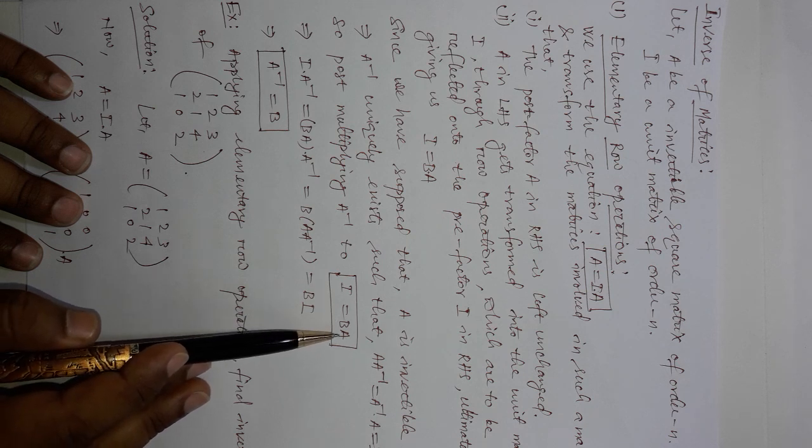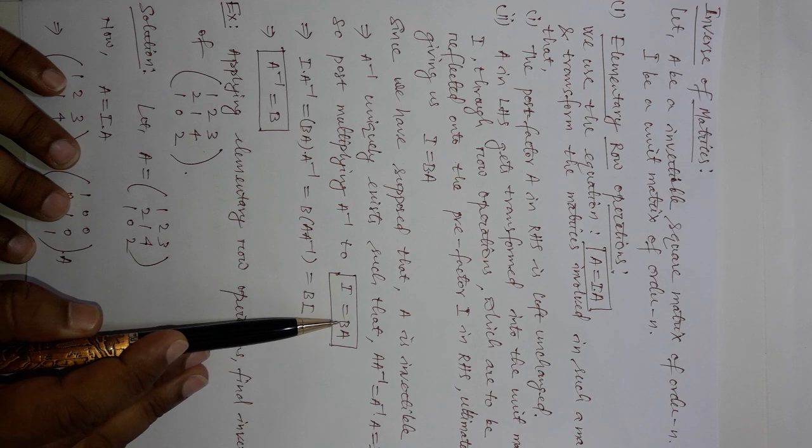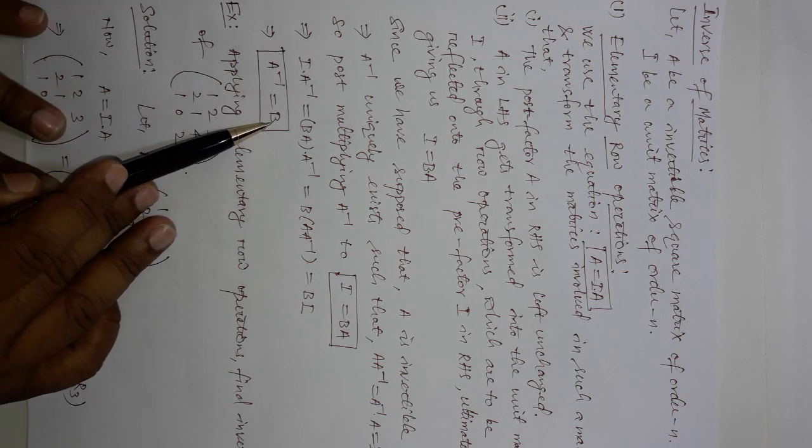That means A inverse is B and B inverse is A. Our aim is to find A inverse, so A inverse is nothing but the B matrix obtained here. So A inverse is equal to B.